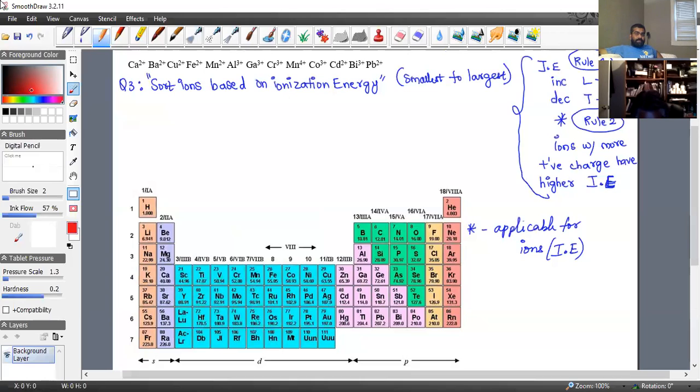Increases left to right, top to bottom. Increases top to bottom. Increases left to right. Cr is less than Ga.